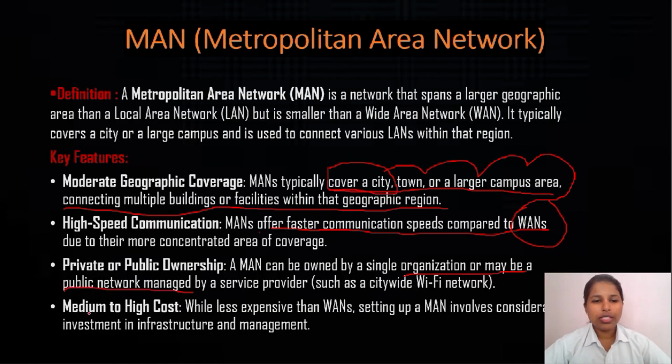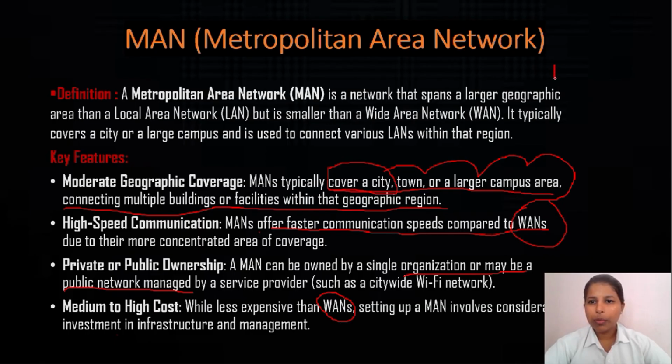And the fourth feature is medium to high cost. While it is less expensive than WAN, we will discuss LAN, and after that you will understand what it means. Setting up a MAN involves investment in the infrastructure and the management. So it means medium to high cost, which is higher cost than the LAN but lesser than the WAN.